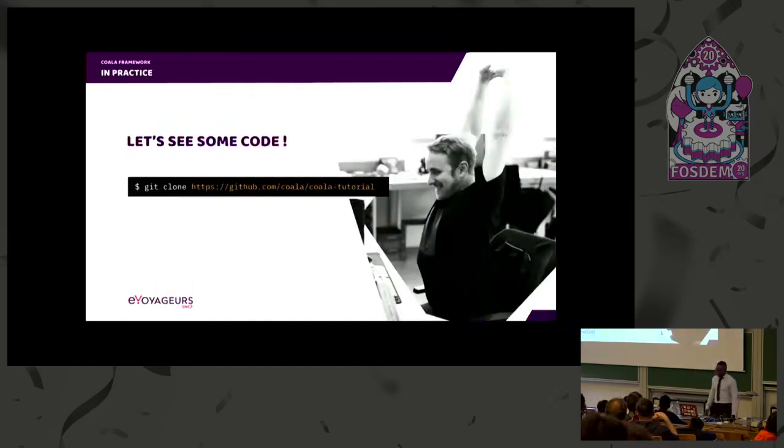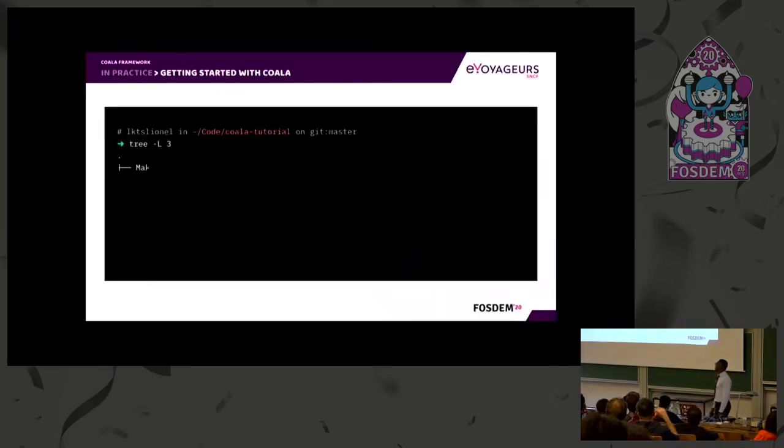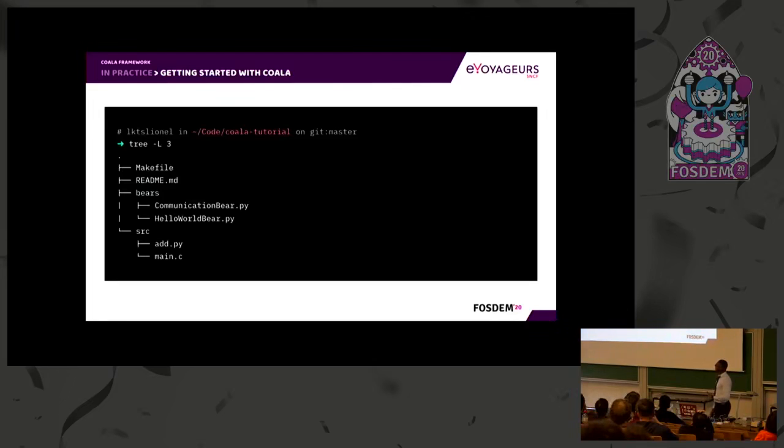Let's see how to use Coala. Let's see some code. First, you clone the project, and as you see, you have a bears directory and the src directory. In this project, we have mainly two languages. We have C and Python.